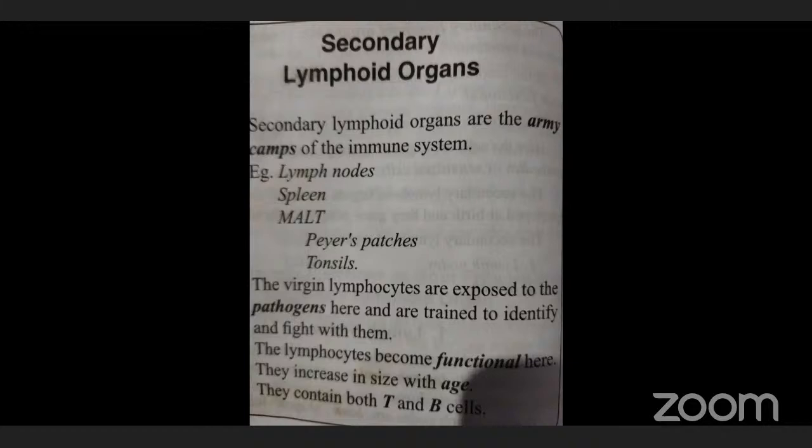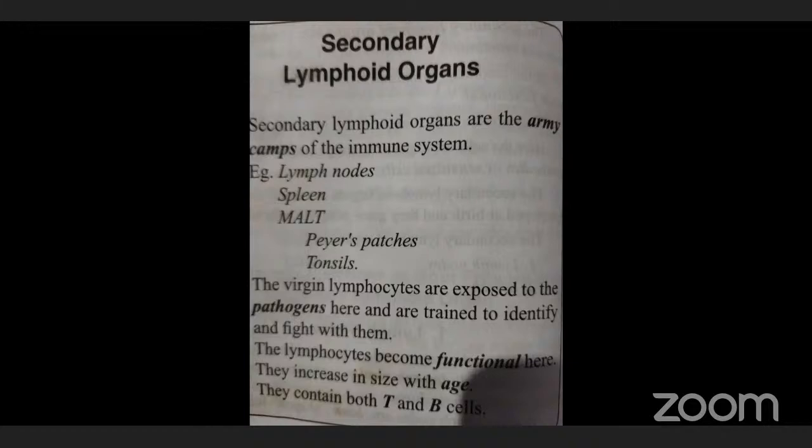They are the army campus of the immune system. The cells are exposed to antigens and they produce antibodies and sensitized cells. Here, only in secondary lymphoid organs, the antibodies are produced.